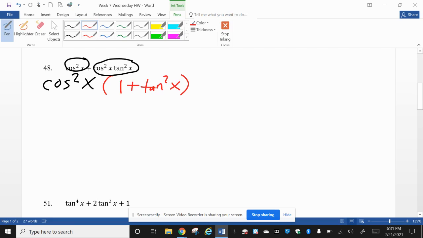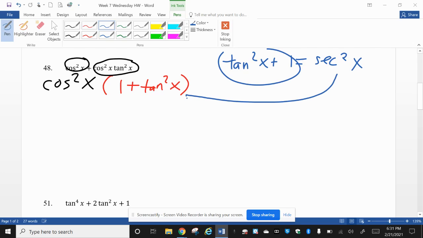Going back to Pythagorean identities, remember that tangent squared of x plus 1 is equal to secant squared of x. So we can replace all of this with secant squared of x. So we'll have cosine squared of x times secant squared of x.